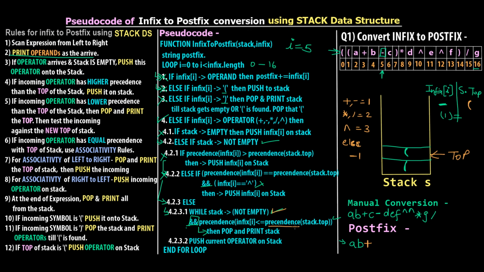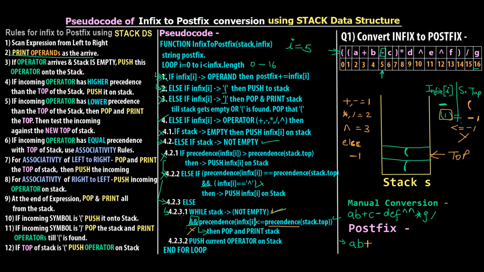So is the precedence of infix of I, which is 1, less than or equal to minus 1? No, it is not less than minus 1, or it is not even equal to minus 1. 1 is not less than minus 1. So this while loop will stop its execution.